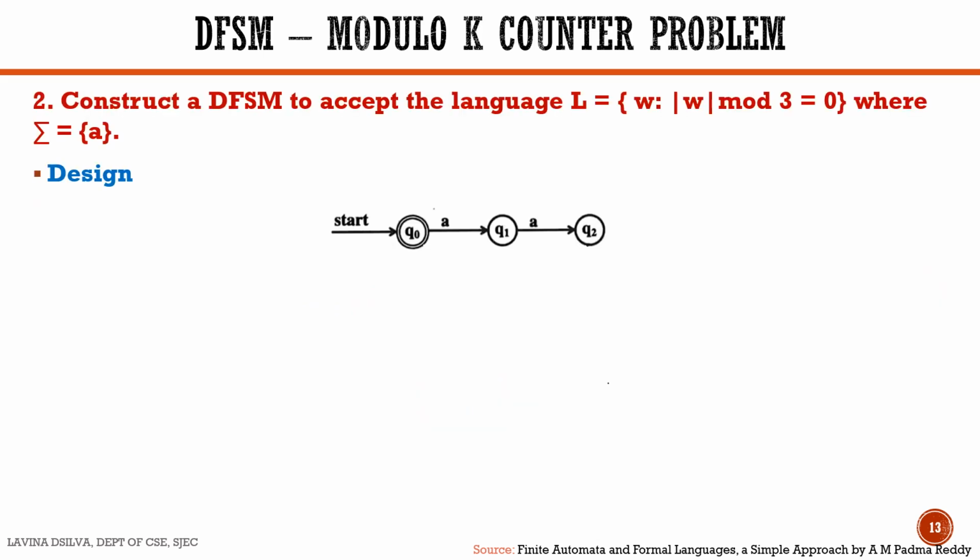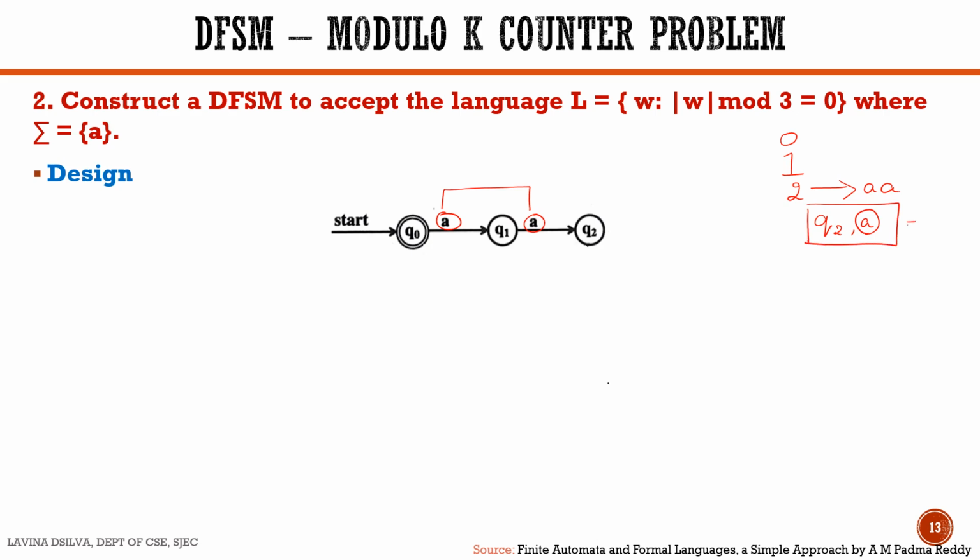Now we have already seen the two remainder cases. So when we had a 0 remainder and when we had a 1 remainder, then we also saw when we had a 2 remainder. Now consider that on Q2 state, you are giving A. So what is the length? We have seen 2 A's. We have seen this 1st A and this is our second A. Now we are seeing our third A, that is on Q2 state.